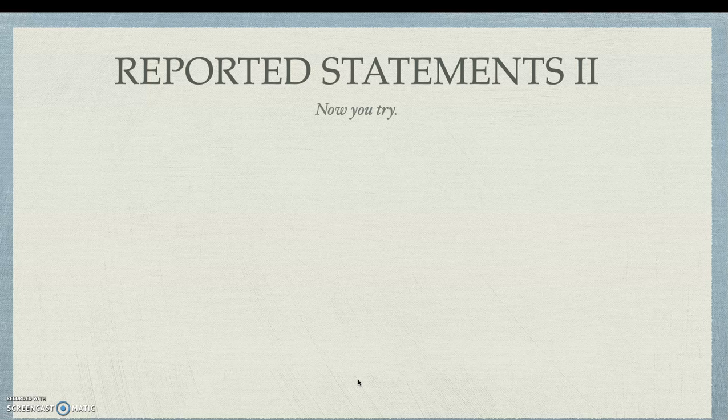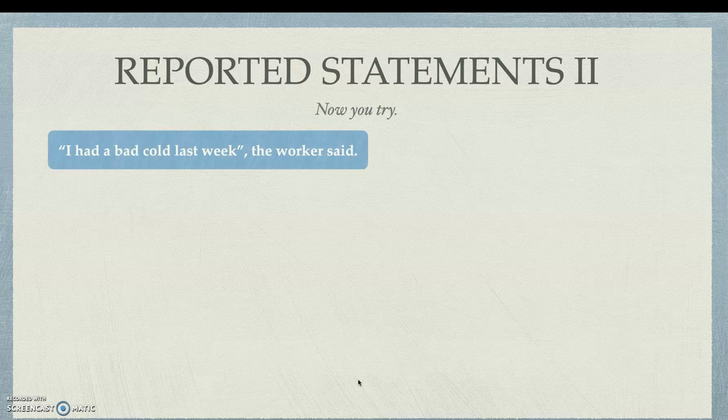Now you try. "I had a bad cold last week," the worker said. So what did the worker say? The worker said that he had had a bad cold the week before.